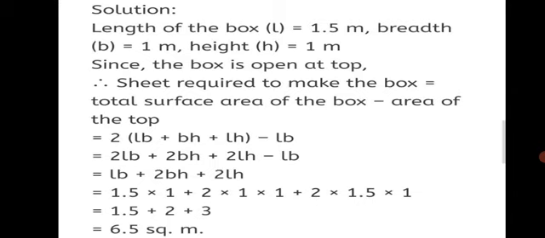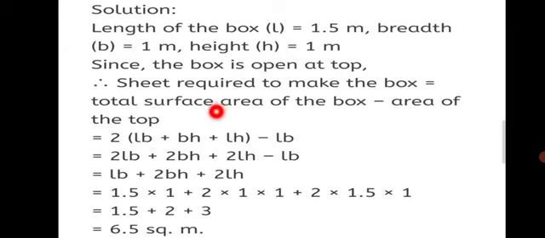Solution. Length of the box is given 1.5 meter. Breadth is given as 1 meter and height as 1 meter. Since the box is open at top, therefore sheet required to make the box is equal to total surface area of the box, as I told you, minus the area of the top.